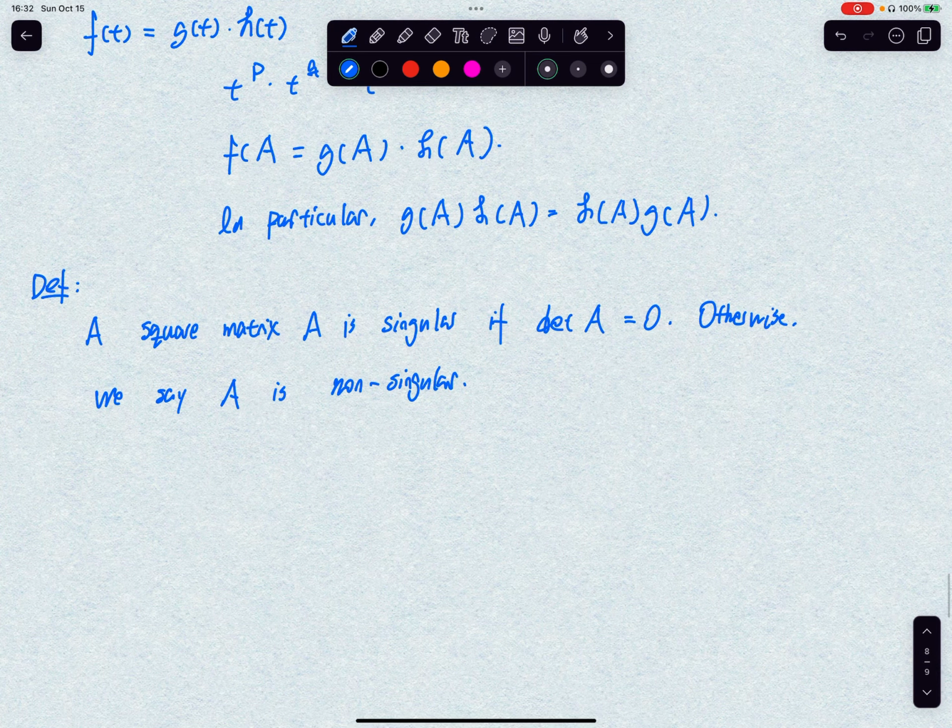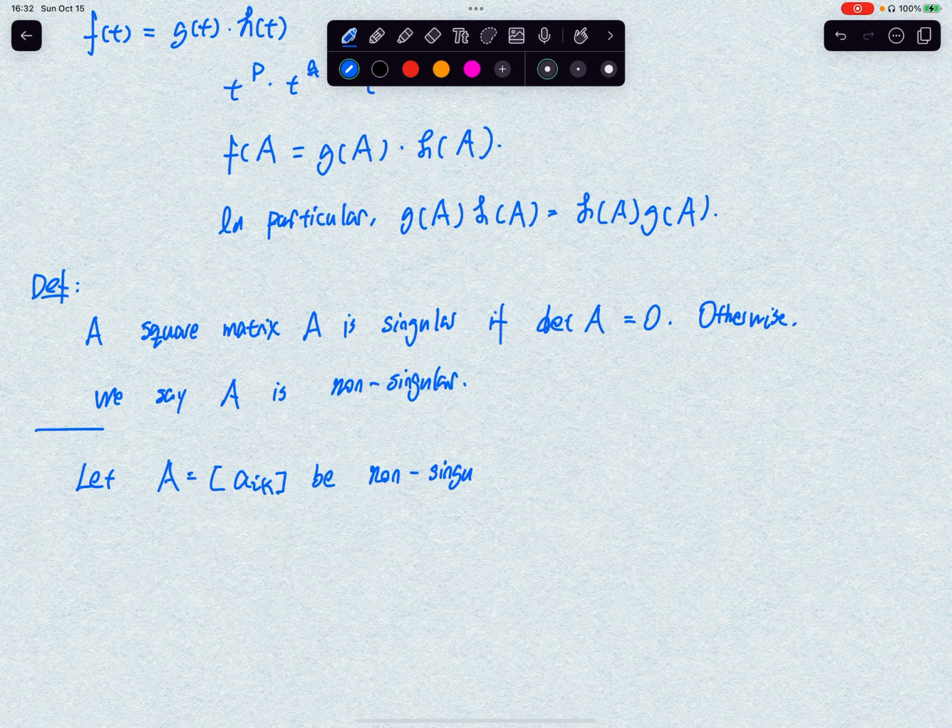And now let A equals (a_ik) be a non-singular matrix. Let us consider a linear transformation with coefficients of the matrix A. That is, y_i equals the summation k from 1 to n of a_ik times x_k, where i ranges from 1 up to n.